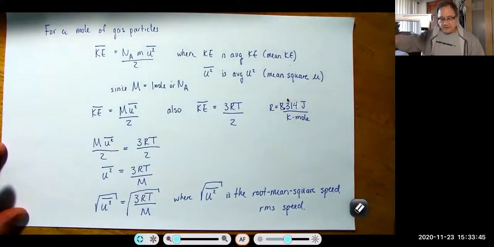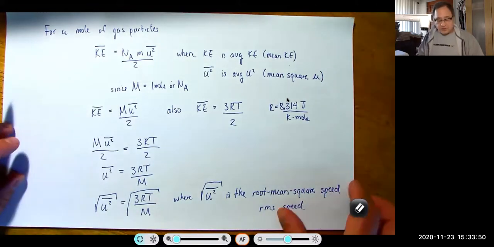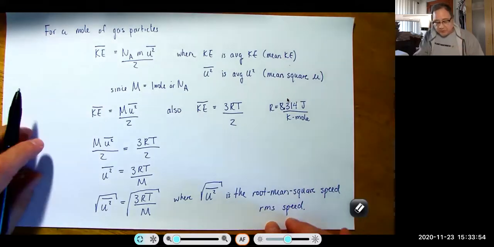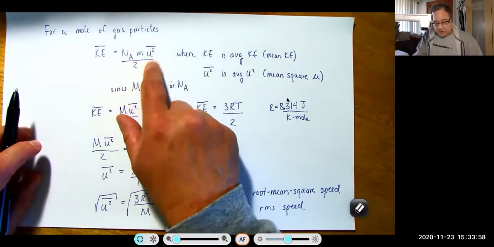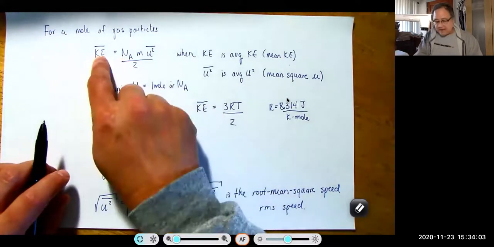Now, this is for a mole of gas particles. The kinetic energy of 1 mole of gas particles is equal to a mole times this mu squared over 2. Now here things are a little bit different. Here we have a bar over the KE.